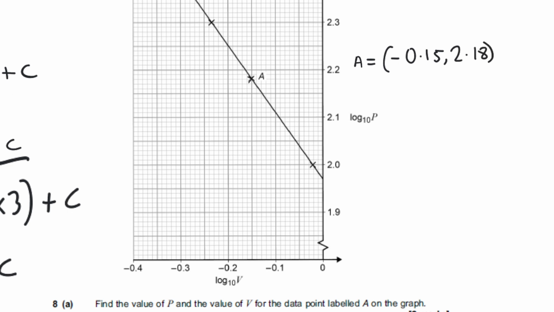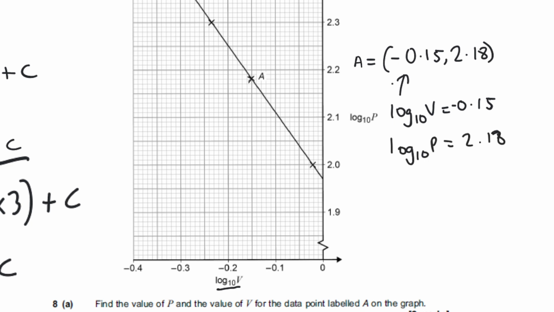So now we know the values of x and y. Remember, our x is equivalent to log 10 v, which means at point A, log 10 v is equal to minus 0.15, and we know log 10 p is equal to 2.18.